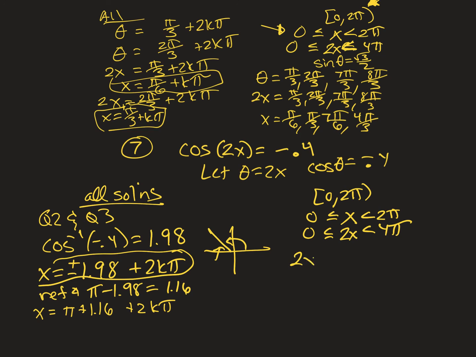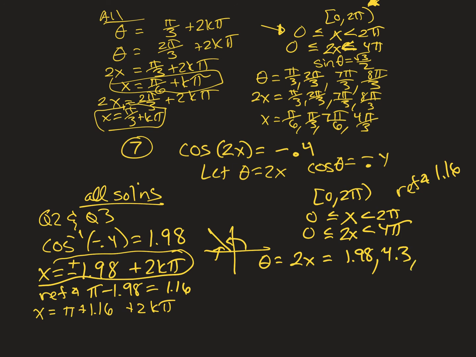So 2x, which is my theta, equals, well, when we did the inverse cosine, we got 1.98. And to get the quadrant 3 angle, remember we said the reference angle is about 1.16. So let's do on our calculators pi plus 1.16. And that gets 4.3. So those are the 2 angles between 0 and 2 pi.